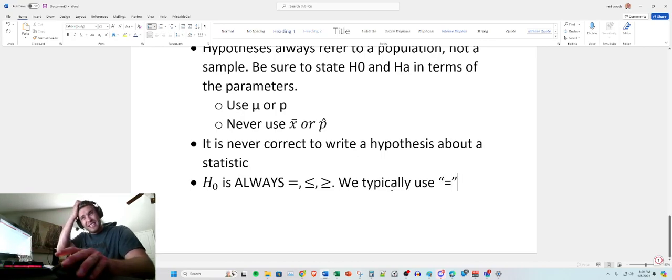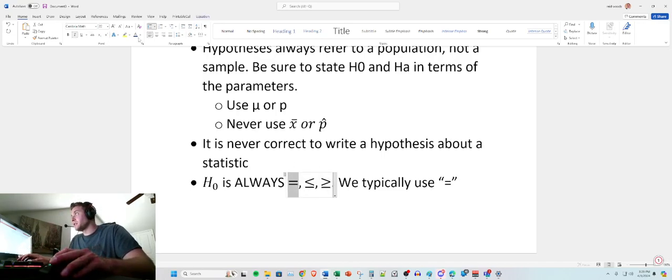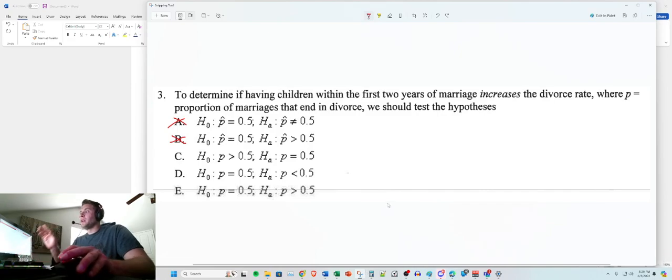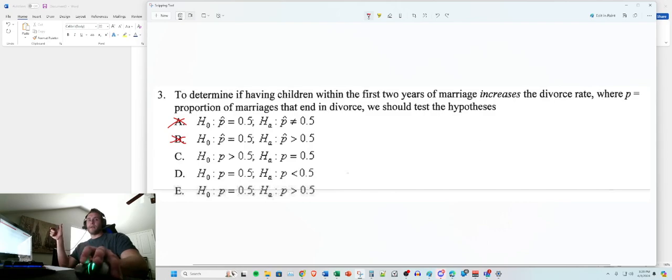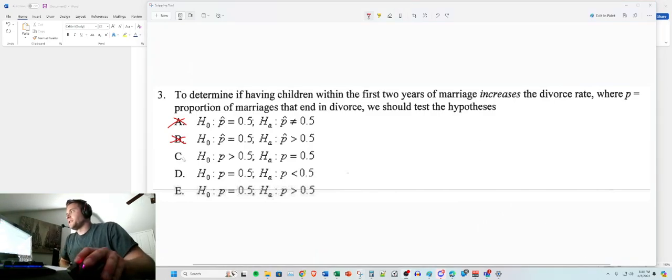I would say 95% of the time we're using this equal sign. So this is going to be more commonly seen. That little tidbit of information actually helps us on this problem. So right away, I can scratch out C, because it has this symbol right here.